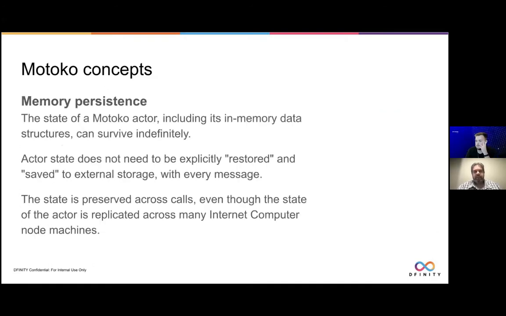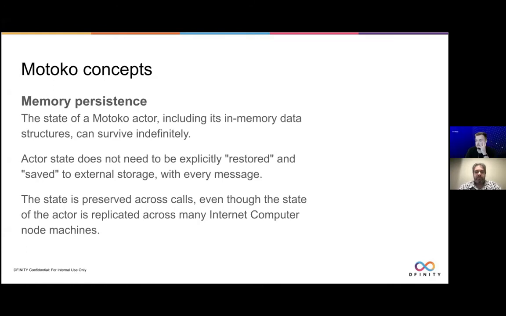And then we have the memory persistence. I talked a little bit about it. In the canisters, we do save the state. It's a part of how the canister smart contracts work. We save the state, and this means that the state of the application is not something you need to restore or save to external storage.